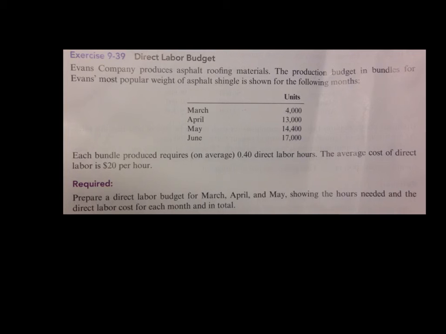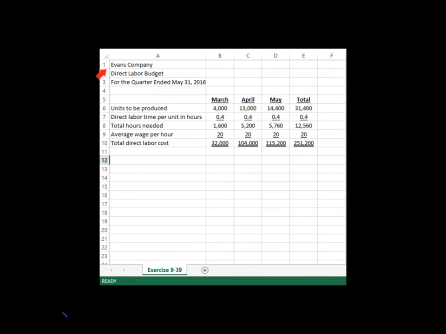To solve this problem, I used the units for March, April, and May to get units to be produced. This for direct labor hours, the product of these two to get the total hours needed. Average wage cost, multiply the product to get the total direct labor cost. My solution contains the who, the what, and the when for the quarter ended.